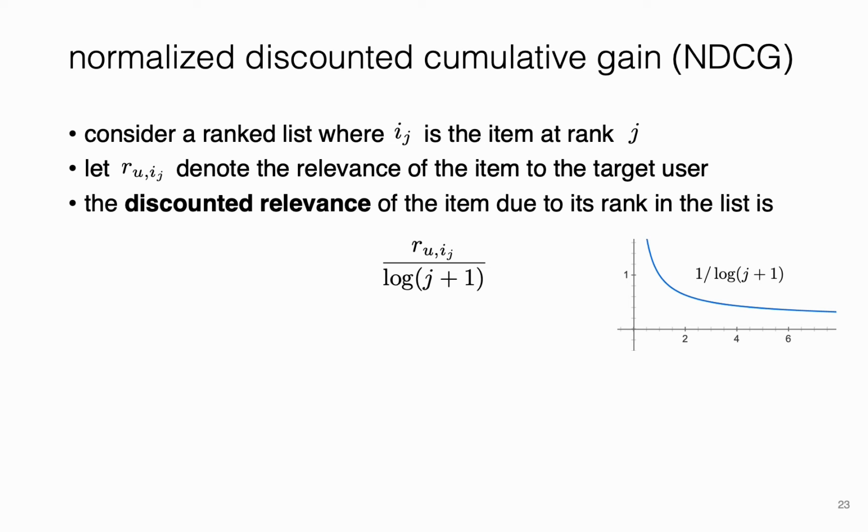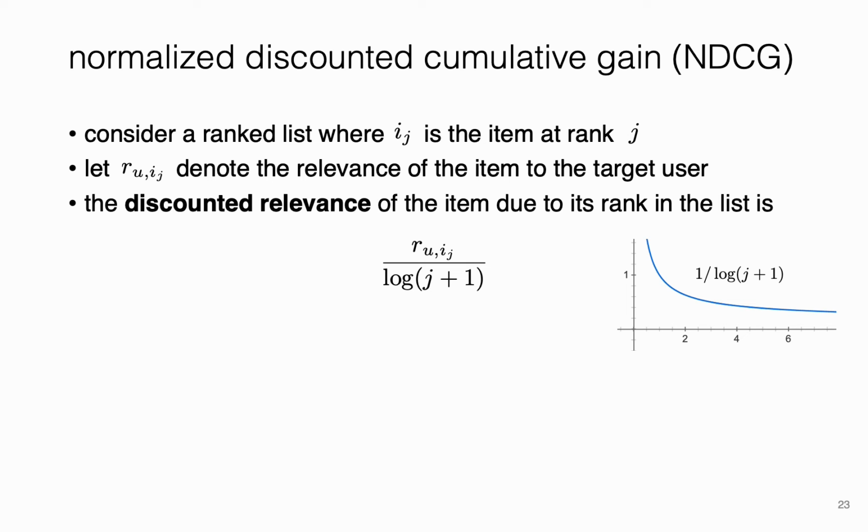Okay, so let's see how NDCG works. We have a ranked list where item ij denotes the item at rank j in the list. Then let r_ui_j denote the relevance or rating of the item to the target user.